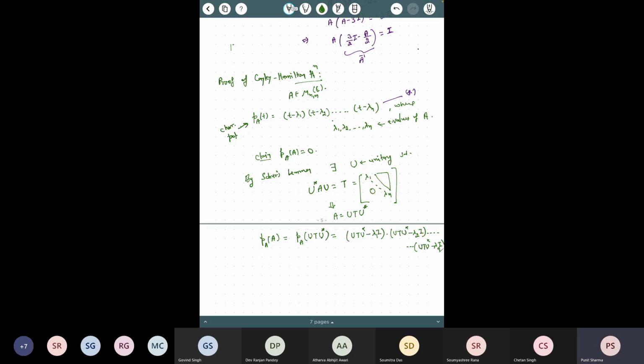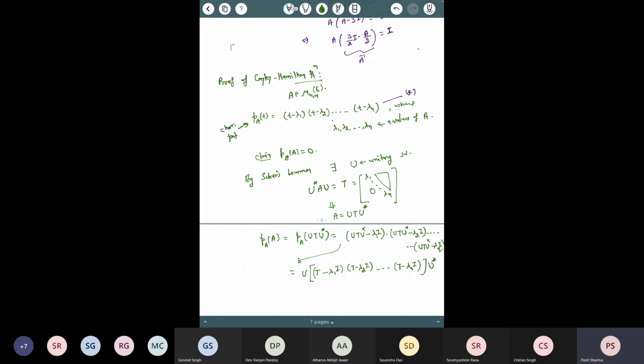This thing I can write by taking U outside, as U times (T minus lambda 1 I)(T minus lambda 2 I) and so on up to (T minus lambda n I) times U star.